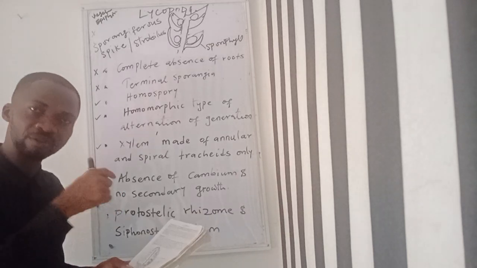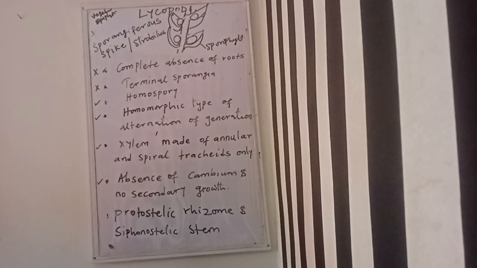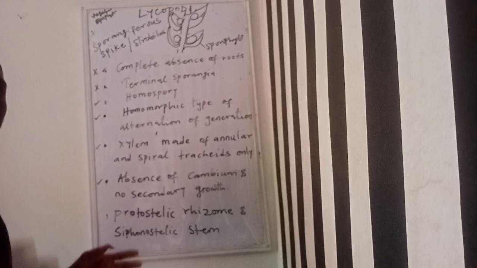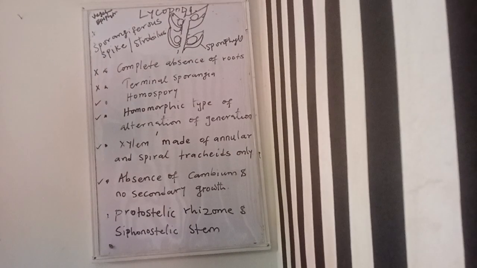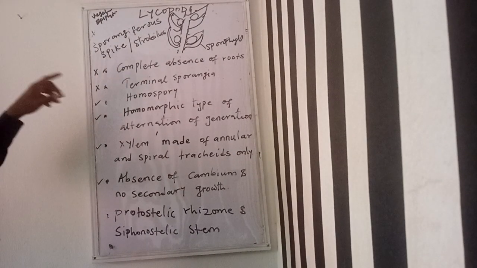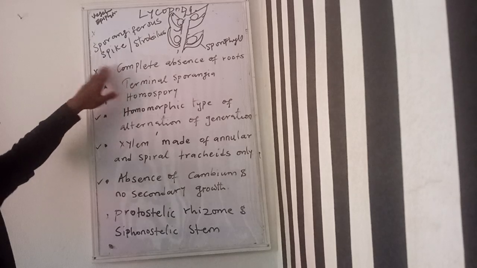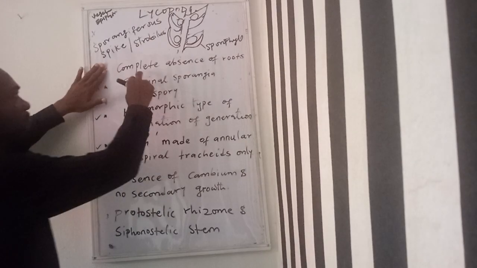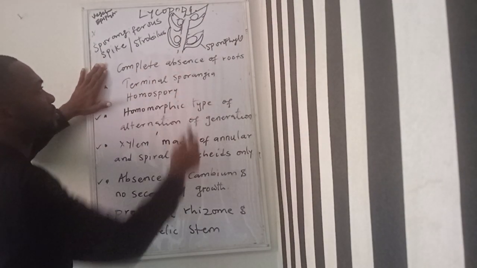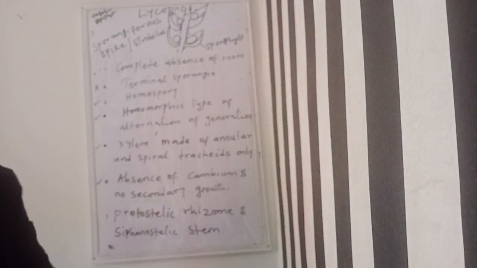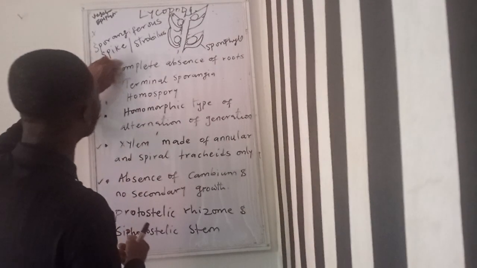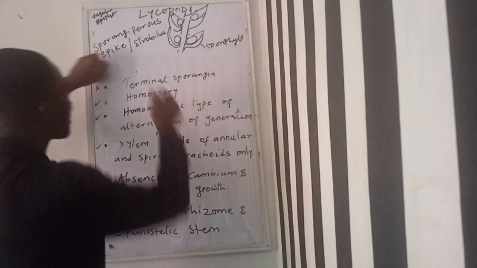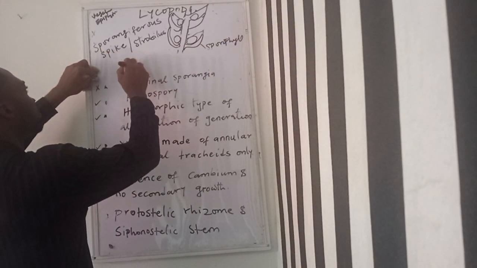So the sporangia are borne on the sporangiferous spike that has some sporophylls attached to it. This is different from Psilotum, which has a synangium that is terminally positioned. That is one characteristic that is different. Another one is that in Psilotum we said there is complete absence of roots, but in Lycopodium there is presence of roots. That's the second characteristic.